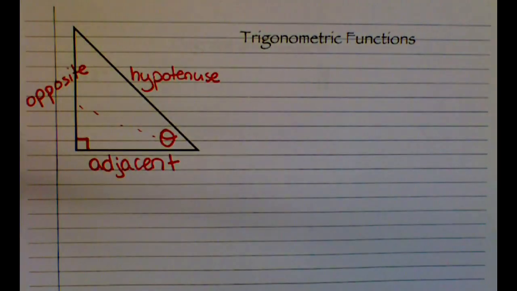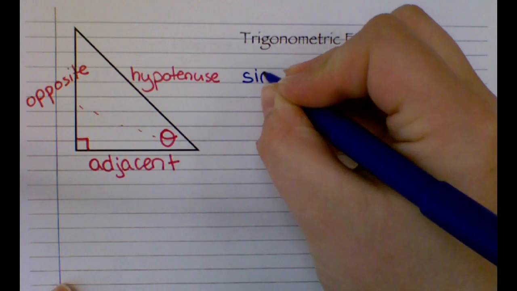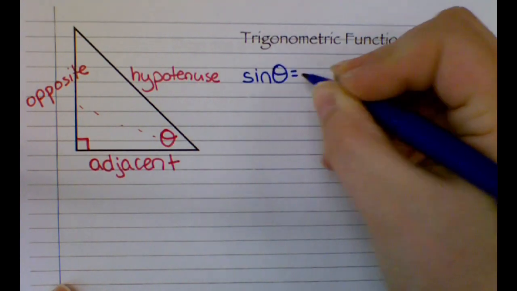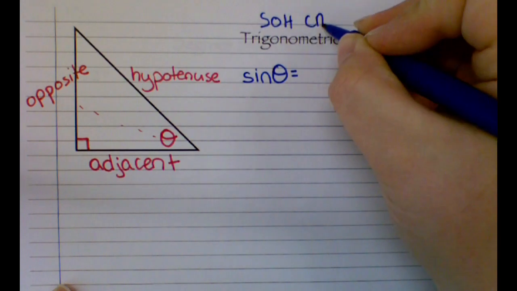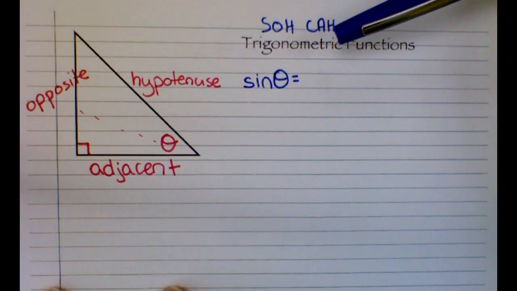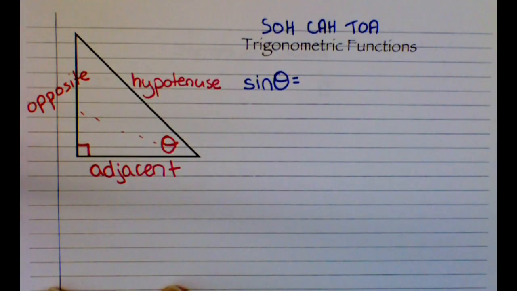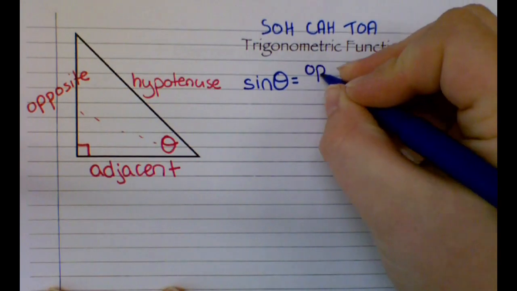So once you label all of your sides, you can write out your 6 trigonometric functions. So the sine of angle theta, remember SOHCAHTOA. Can't quite see that, sorry. There we go. Sine is OH, opposite over hypotenuse.